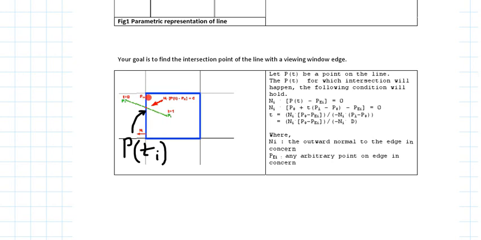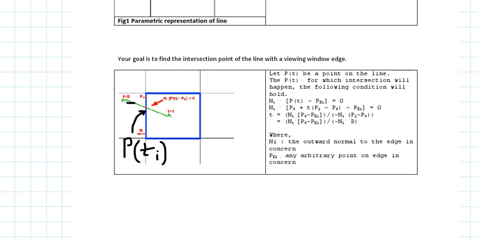Here it is for this example. Next, what you have to do? You have to find the dot product between this outward normal vector Ni and the vector Pt to Pi. Hope you have got my point. I should repeat it once again.